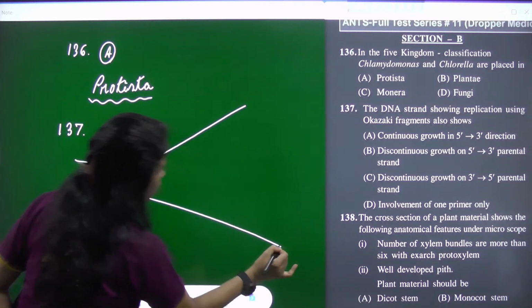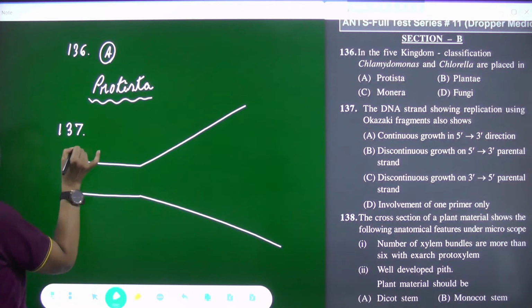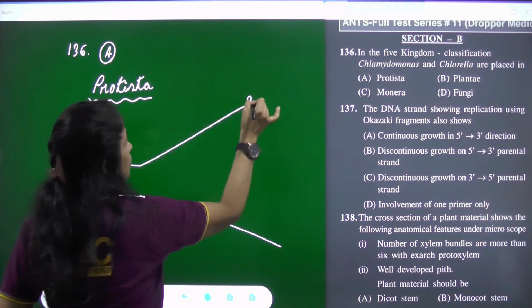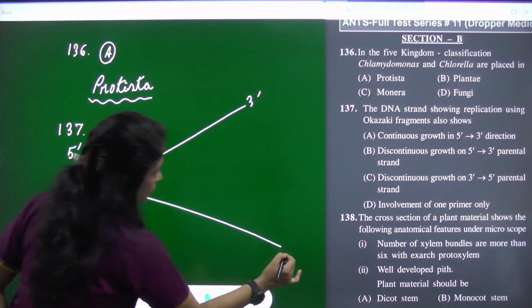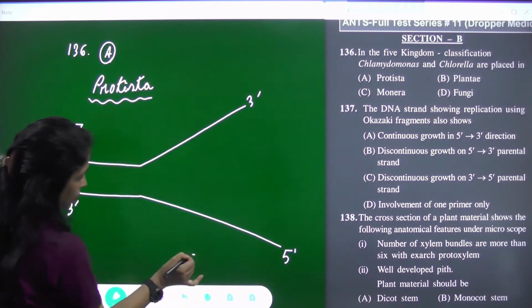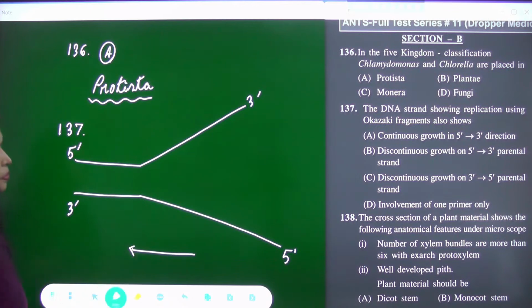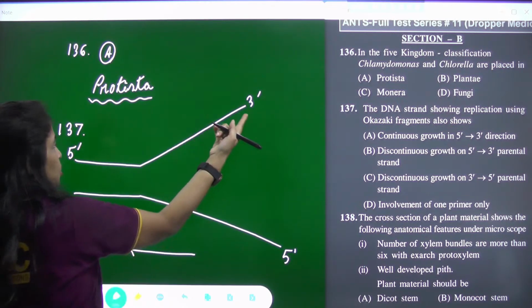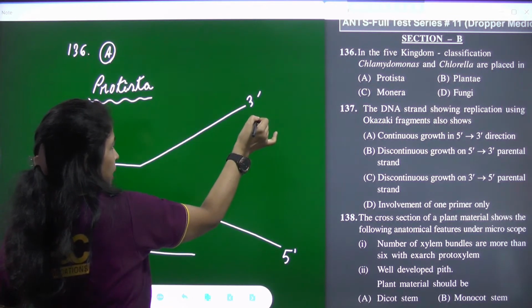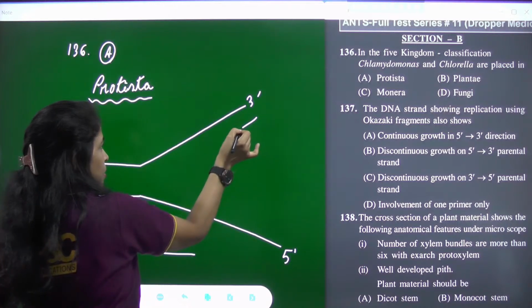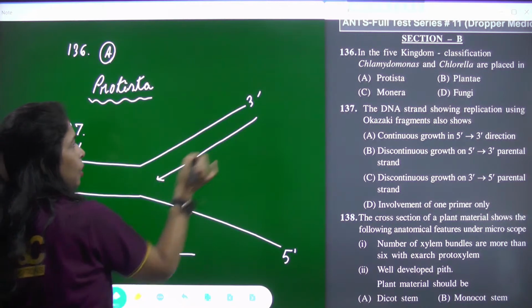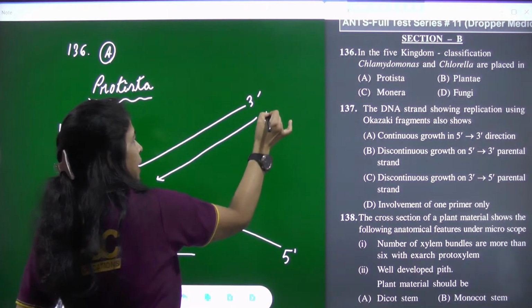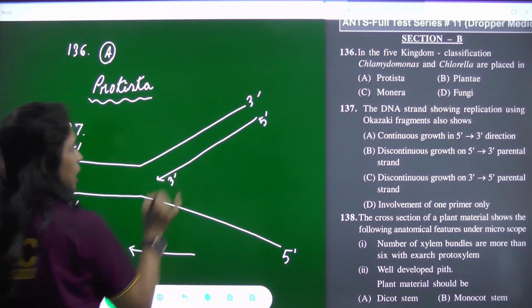This is the replication fork, the parental strand. So, using this template, this is the new DNA which is formed with anti-parallel polarity.